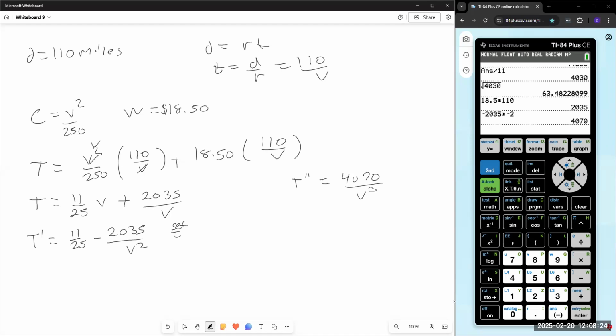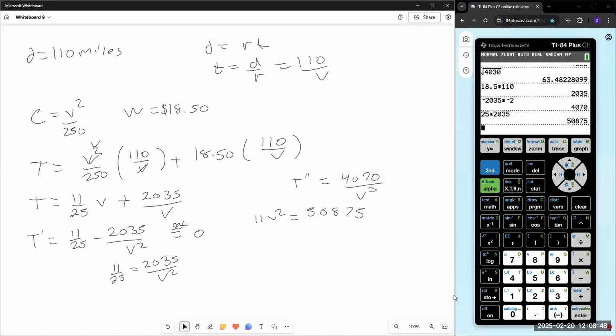So this is 11 over 25 is equal to 2035 over V squared. 11 V squared is equal to 25 times 2035, which is 50,875.